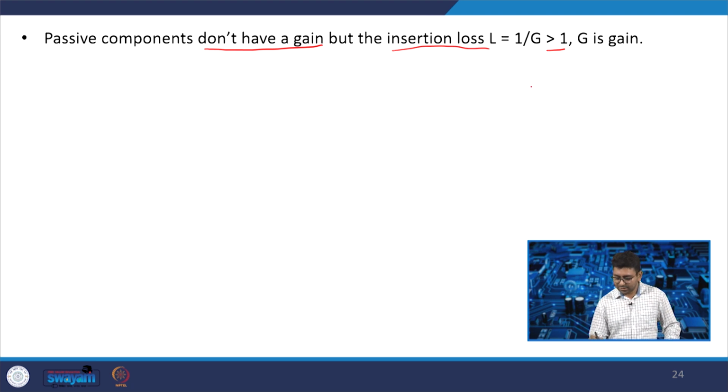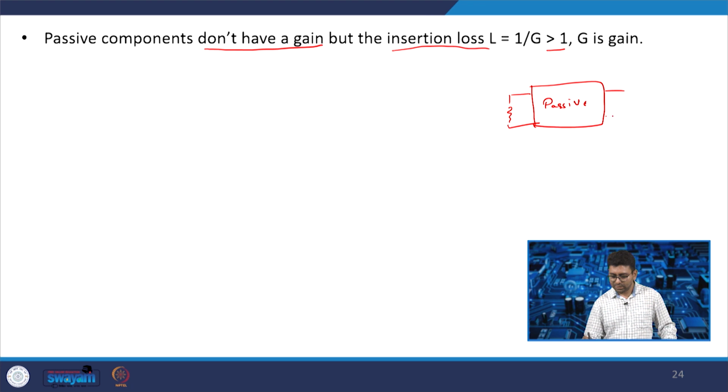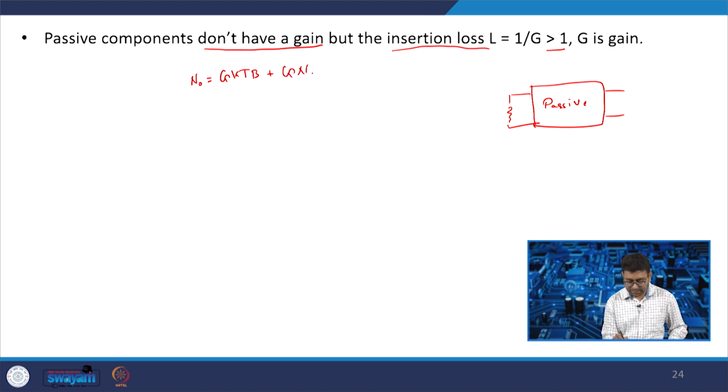So, let us say there is one passive device and some noise source. How do we find the output power? You can find N0, which is equal to G kTB plus G into N added. Here we want to find how much noise is added by the passive device.